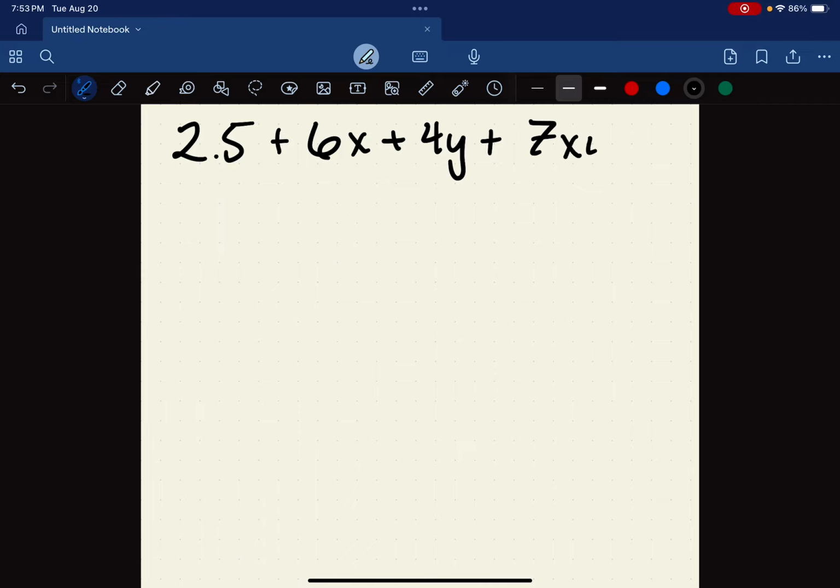Let's see, we'll do a more involved one where maybe it's 2 and a half plus 6x plus 4y plus 7xy plus 3 plus 4x plus, let's say, another xy.